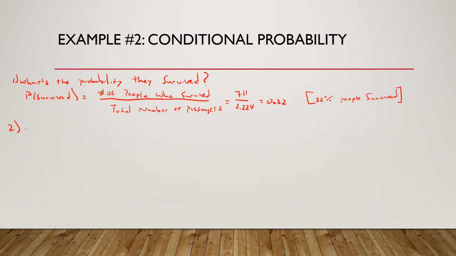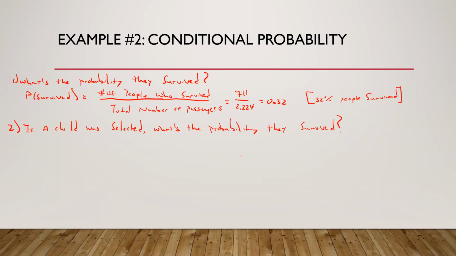So now let me throw something at you here that's a little different. And it goes like this. If a child was selected, what's the probability they survived? All right, so this one's a little different, right?